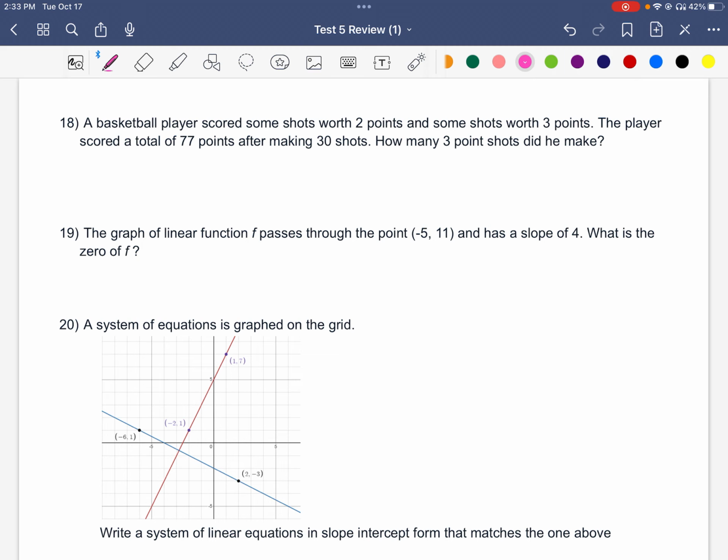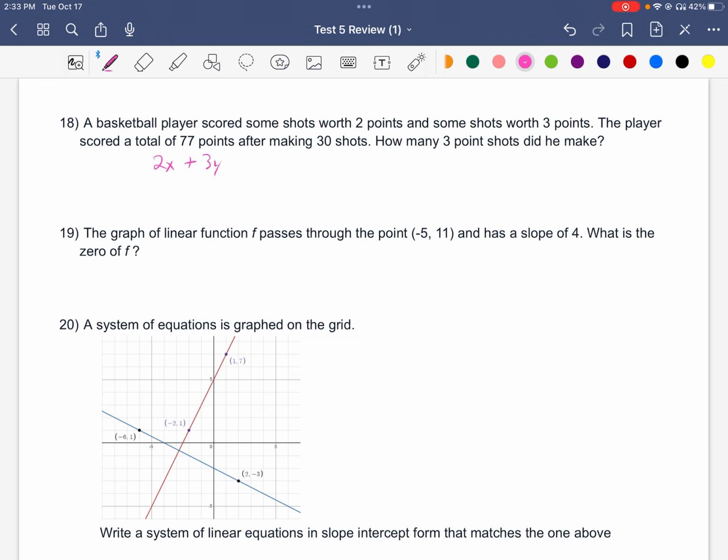Basketball players scored some shots worth 2 points and some shots worth 3 points. Players scored a total of 77 points after making 30 shots. How many 3-point shots did he make? All right, this is a good question. So what we're going to do is I'm going to say, some shots are worth 2 points, some shots are worth 3 points.